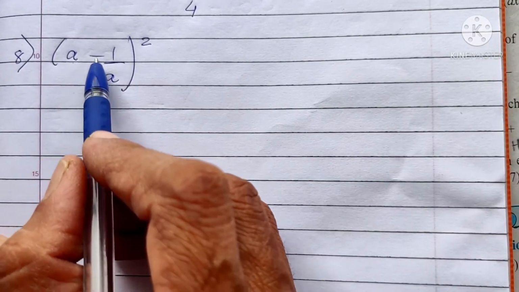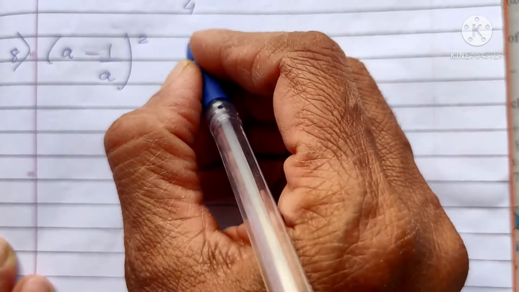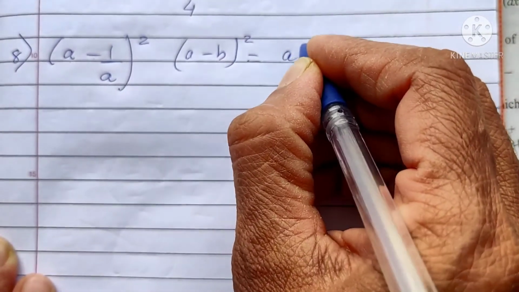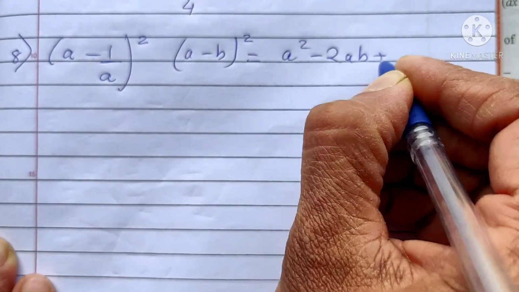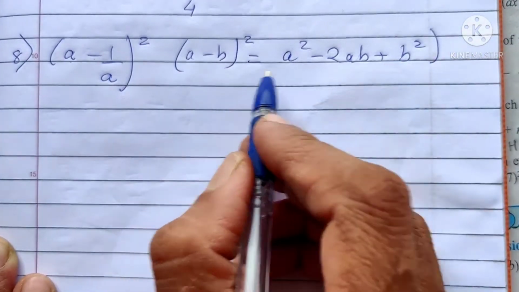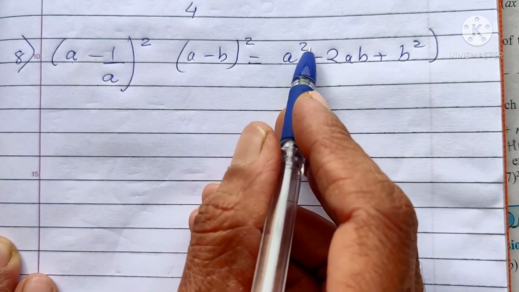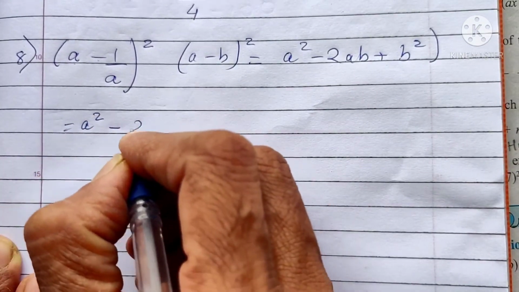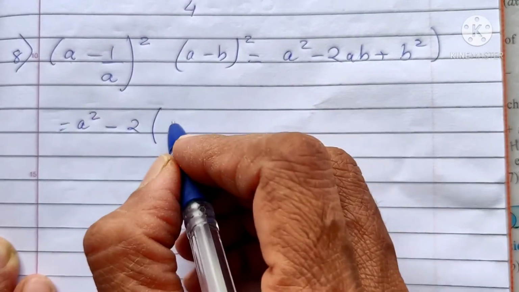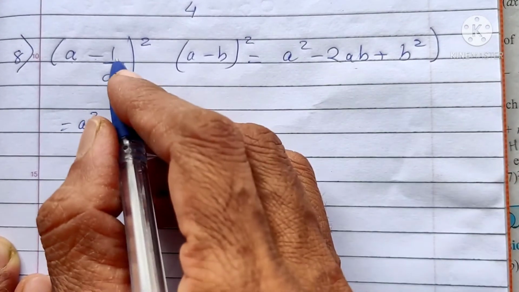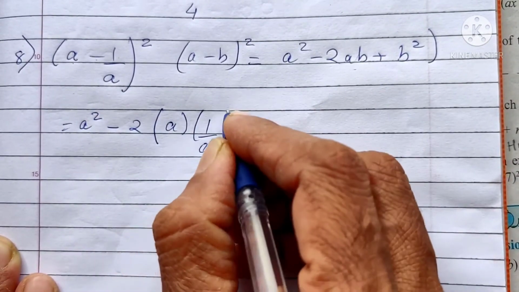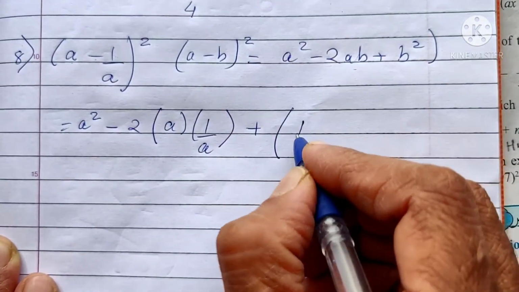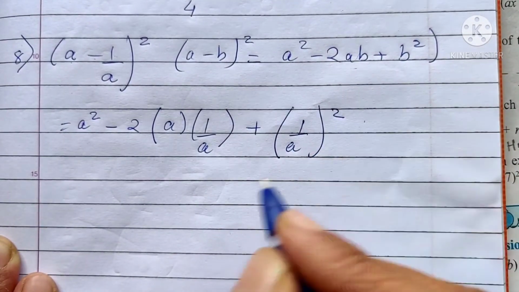So the next one is (a minus 1 upon a) the whole square. This is of the form (a minus b) the whole square, which gives you, you've already seen the formula. Now let's just substitute the values. So the first term is a, so you again have a square minus 2. What is your first term? a. B is 1 upon a, plus the last term square, so it is (1 upon a) the whole square.